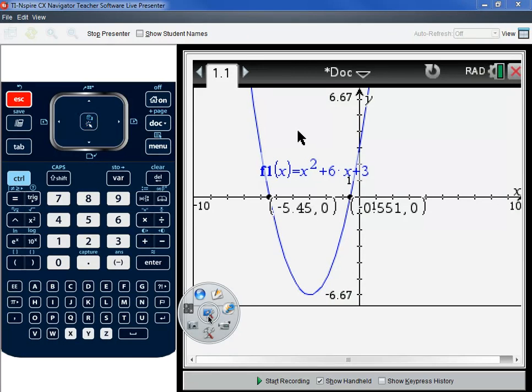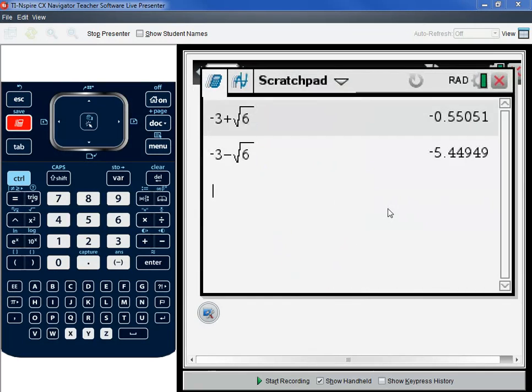So we can see that our roots are -5.45 and -0.551, which were the same values we got when we algebraically evaluated the -3 plus the square root of 6 and the -3 minus the square root of 6.